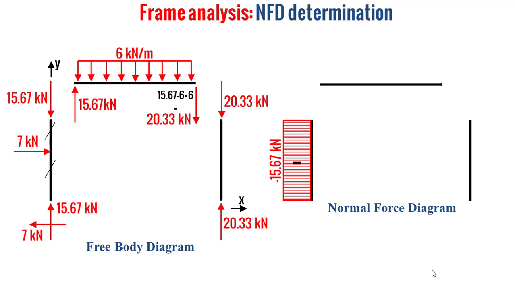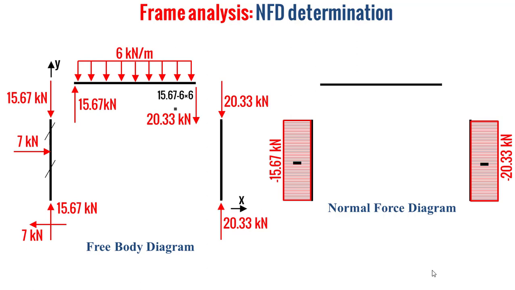For the right-hand column, we have a normal force, a compression, equal to 20.33 kilonewton. It's a compression, so we have a normal force equal to minus 20.33 kilonewton applied along the right-hand column.